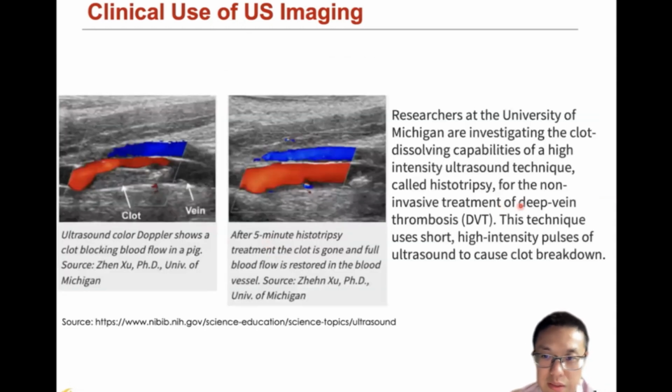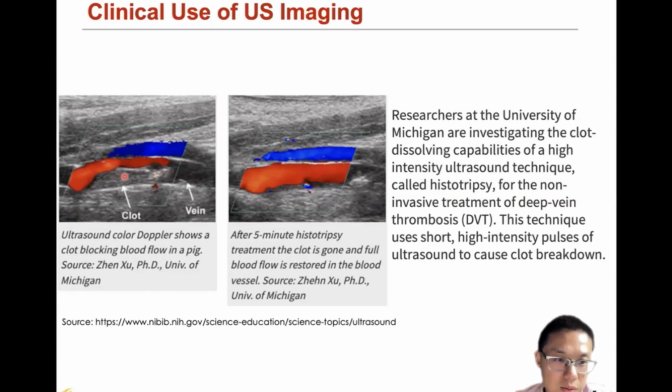Here is a study that was conducted at the University of Michigan. The researchers are using ultrasound to try to dissolve some of the clot in the blood vessel. On the left of this ultrasound image, you can see the vein.